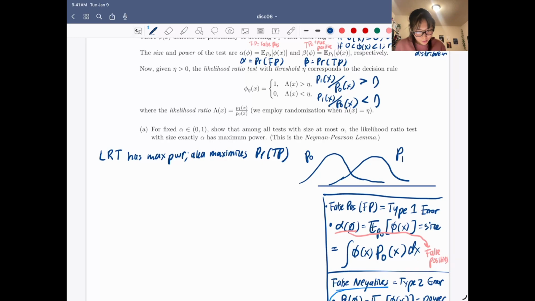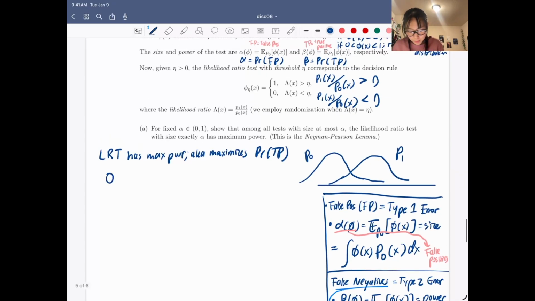Another way to think about that is, if this test actually maximizes power, then the likelihood ratio test's power must be greater than all the other tests, or all the other tests' power must be less than our likelihood ratio test.